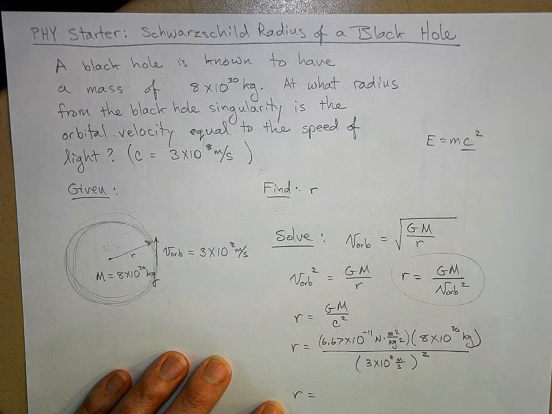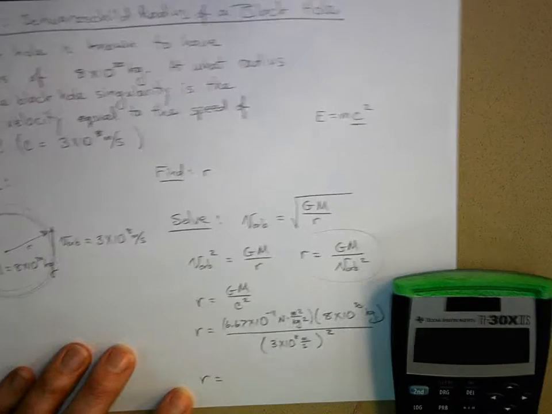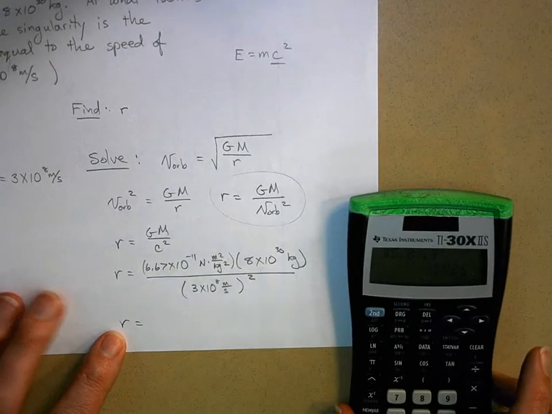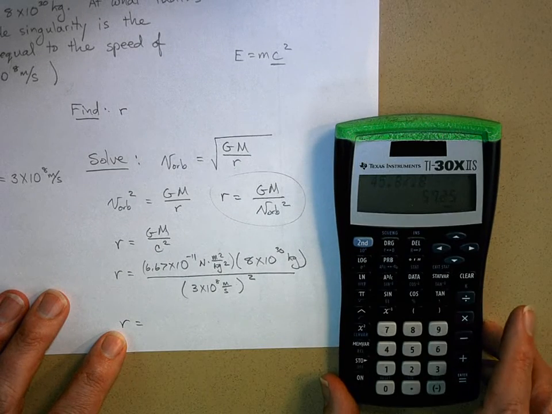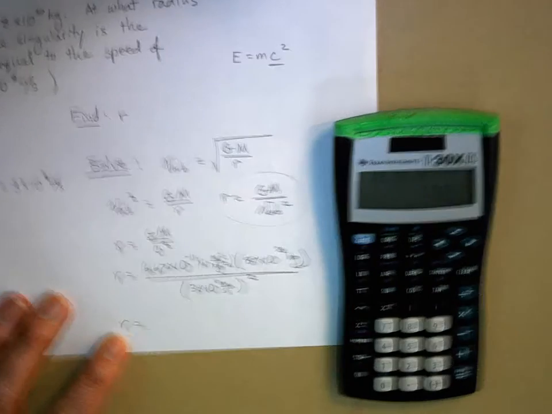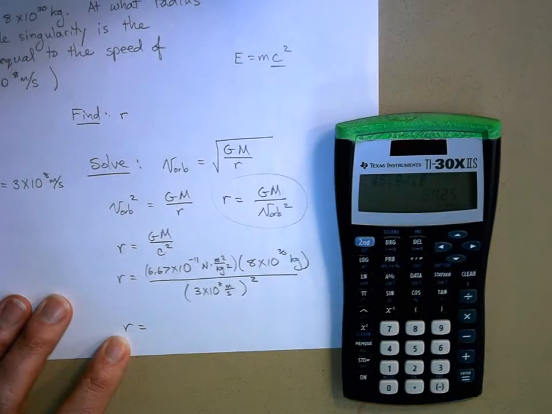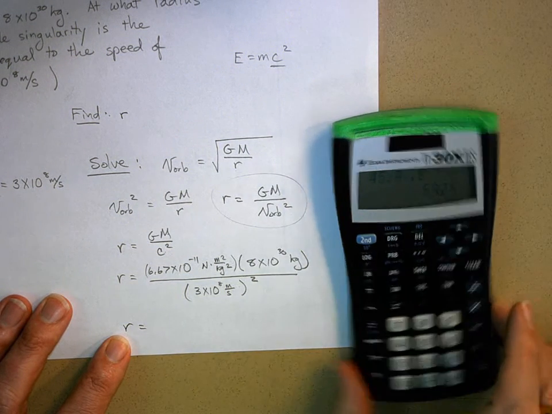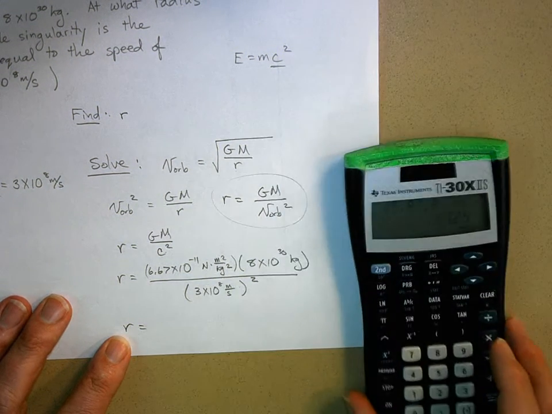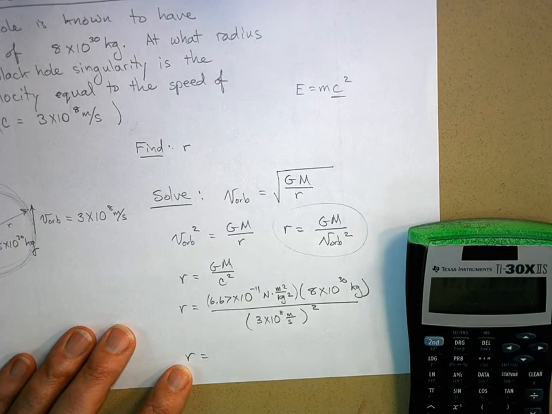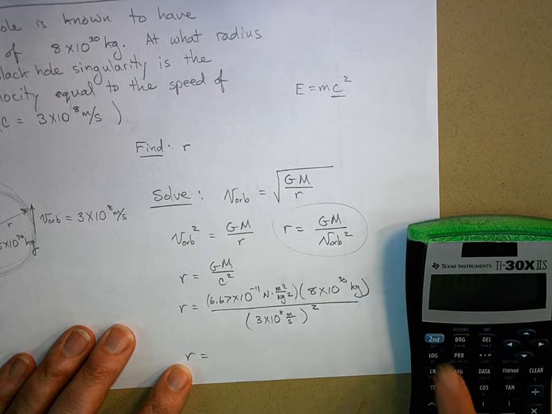Let's get the calculator out. So we have 6.67.